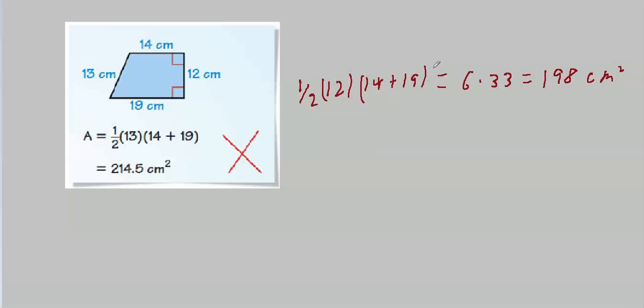For instance, I want to have square centimeters when I'm all done here. Well, centimeter plus centimeter is just centimeter, and this is centimeter, so it'll be centimeter times centimeter, which is centimeter squared. This 1/2 has no units. And so over here I get 6 centimeters and 33 centimeters, which gives me centimeters squared.